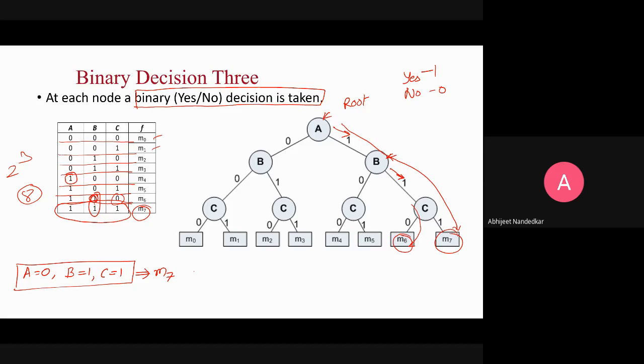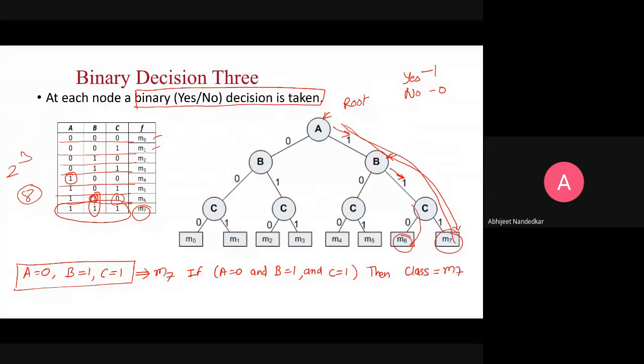So what is my rule implemented in this first branch here is if A is equal to 0 and B is equal to 1 and C is equal to 1, then class is equal to M7.